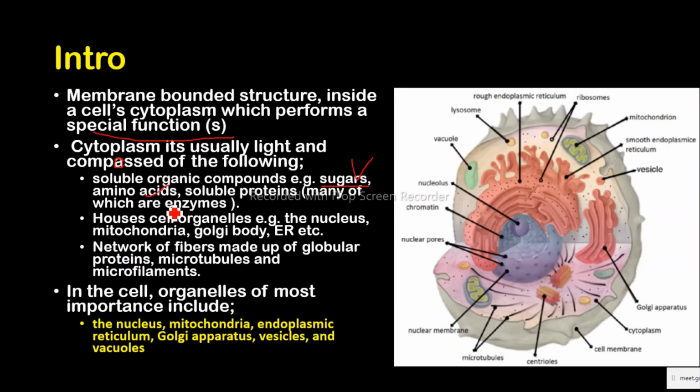They must be there. Now, think about why sugars must be there. Think about why you should have amino acids there. Think about why you should have proteins there. And by the way, which proteins?